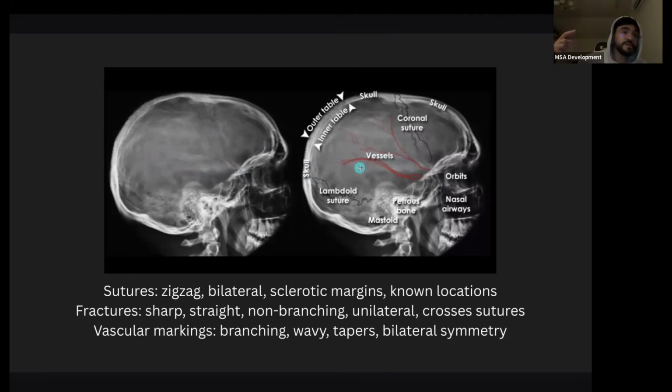A fracture is just going to be a straight line. And then right here, you're going to see this zigzag kind of lining. This is going to be a suture. Same goes here, this zigzag lining. This is your lambdoid suture, and this is your coronal suture right here.